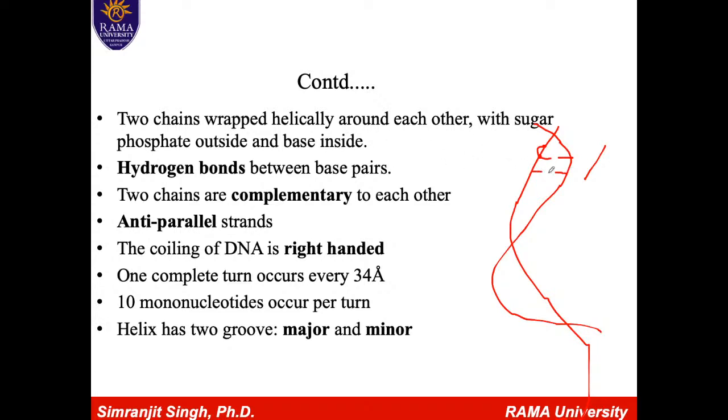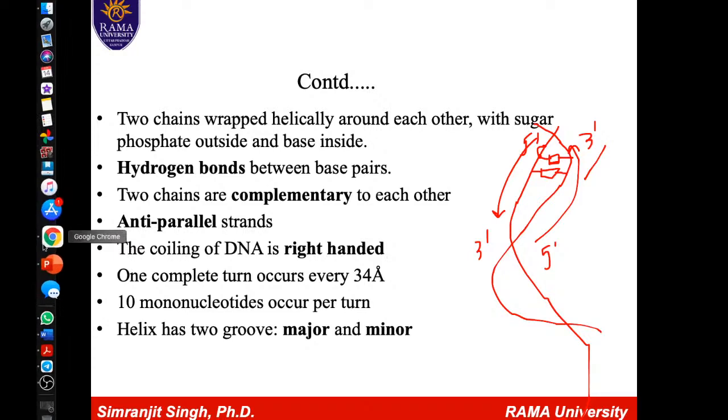Hydrogen bonds are made between them, double or triple as the case may be. The two chains are complementary to each other, so one goes 5' to 3' and the other goes 3' to 5'. That is, they are anti-parallel.